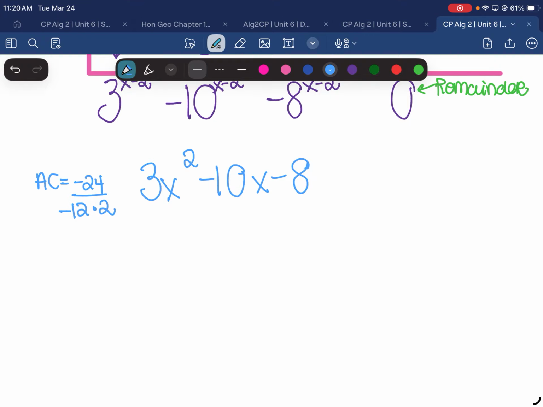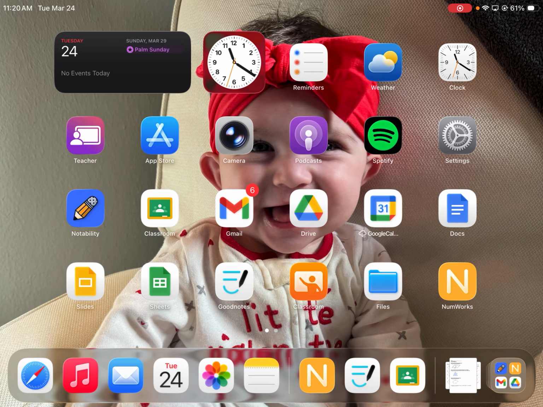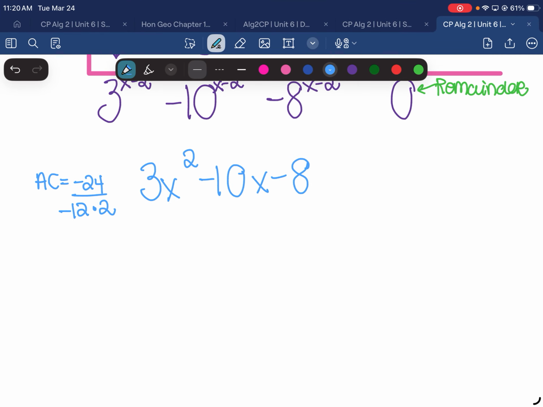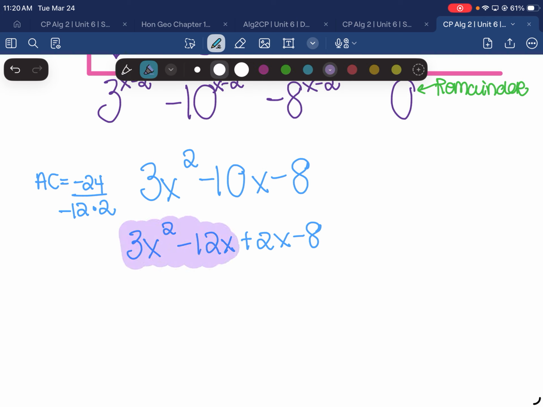So remember, girls, from here we expand it. So I've got 3x squared minus 12x plus 2x minus 8. You group the first two and the last two.